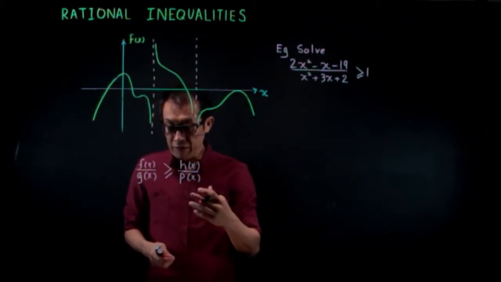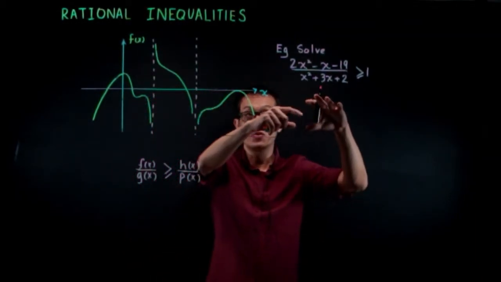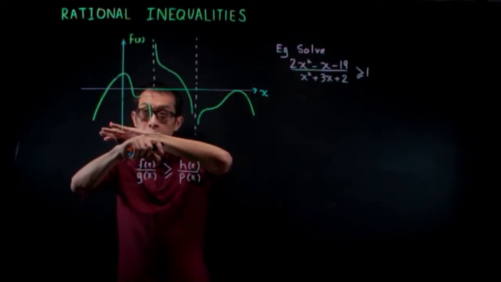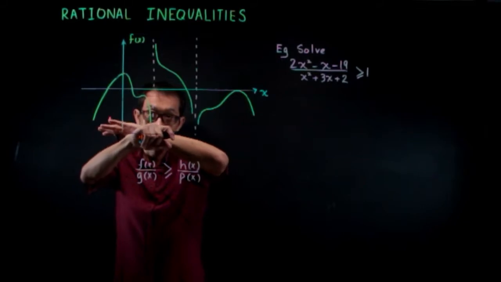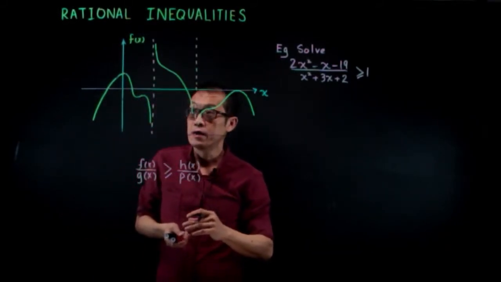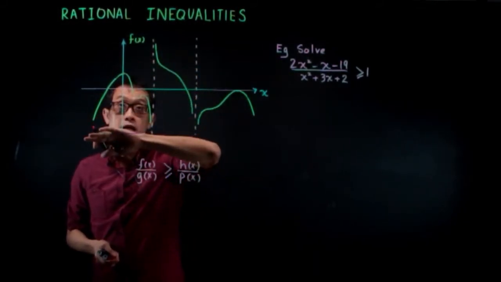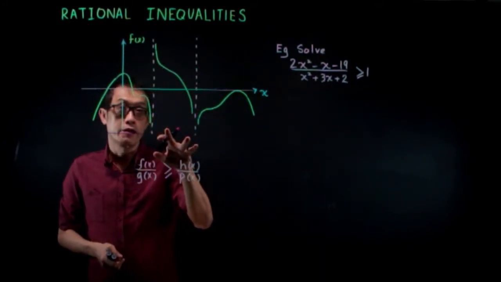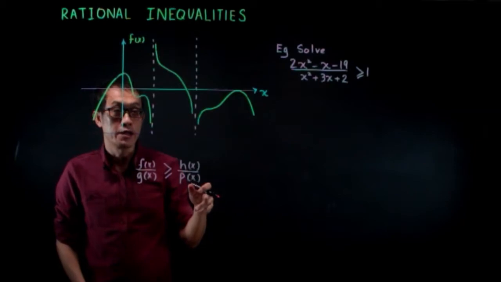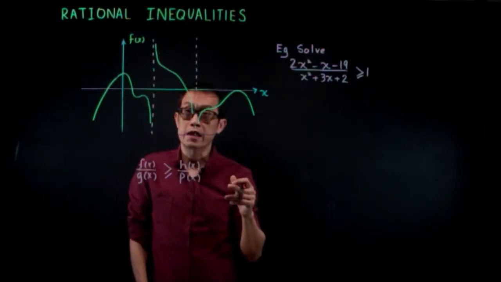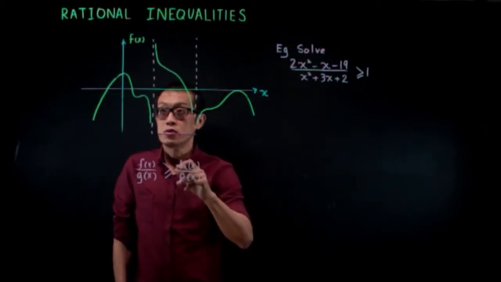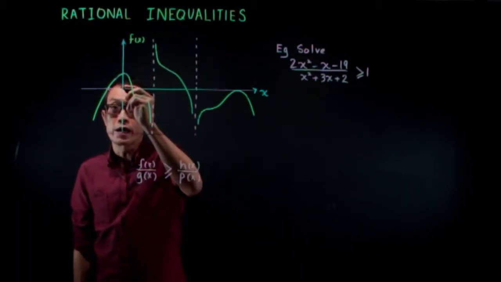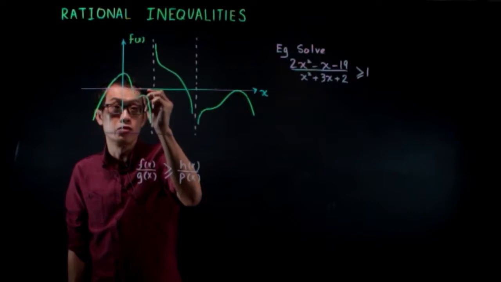Now, before I do an example for you, let's look at the theory behind it. Let's say that this is a graph of f of x. The vertical line in red is the vertical asymptote. So you have the roots here, where it cuts the x-axis.